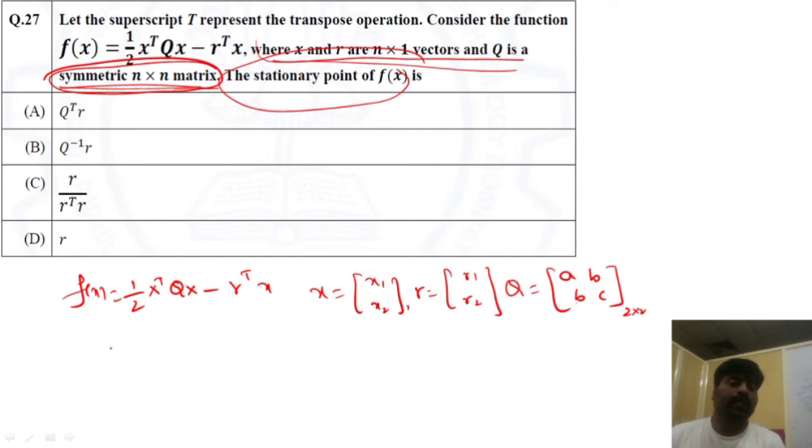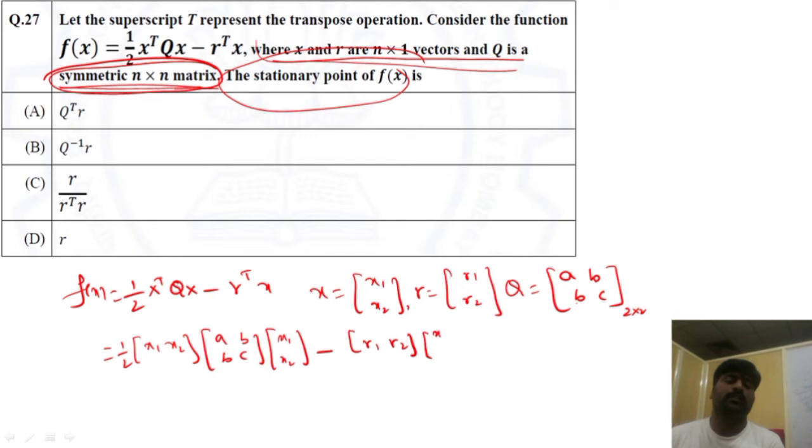Okay. So if I replace that, 1 by 2 x transpose is x1, x2, Q is a, b, b, c, again x is x1, x2, minus r transpose r1, r2, and x, x1, x2. So this is x1, x2. I keep it the same. This is ax1 plus bx2.